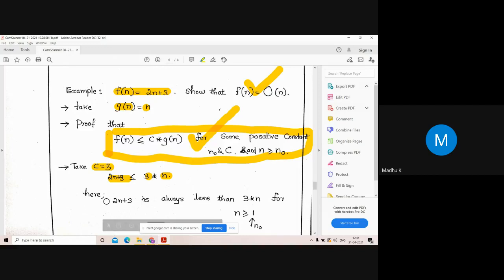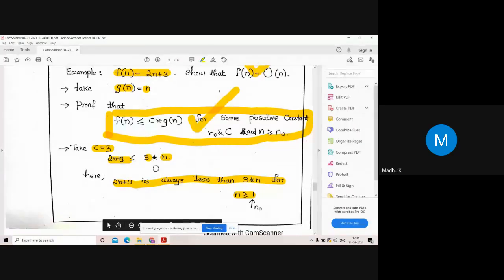So here this is true. Okay. I gave a value for C equal to 3, then 2n plus 3 will always be below or less than or equal to 3n.